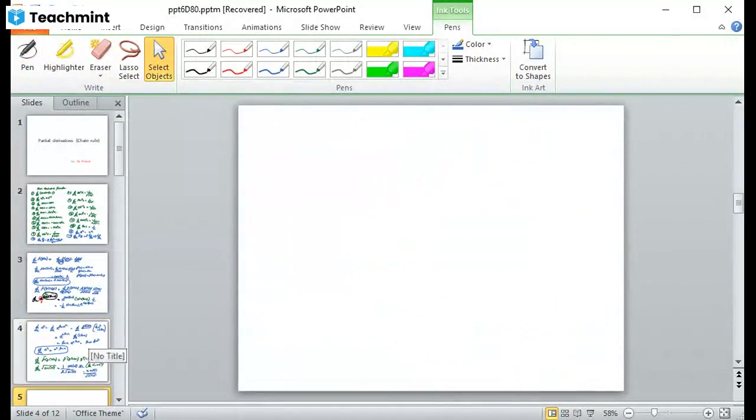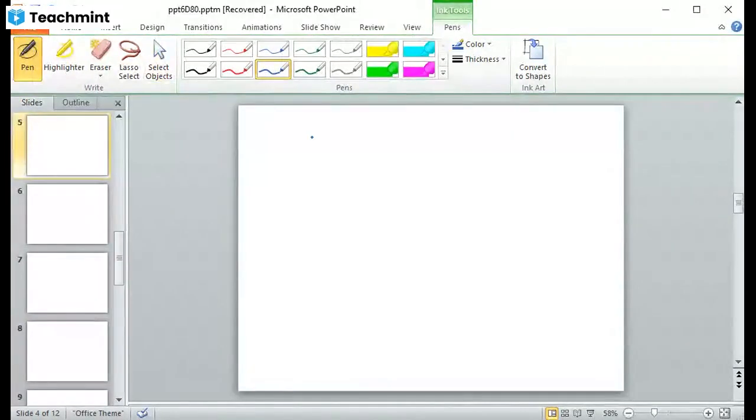The first concept we are using in partial derivatives is the chain rule. The first rule is, if z is a function of a single variable, and this single variable depends upon more than one variable, then what is the derivative of z with respect to x?